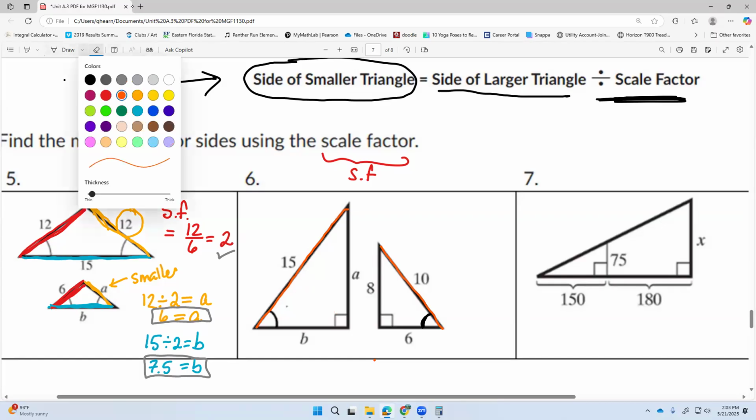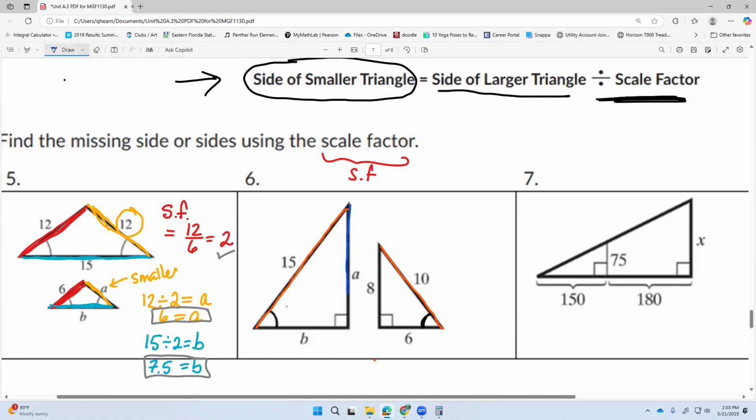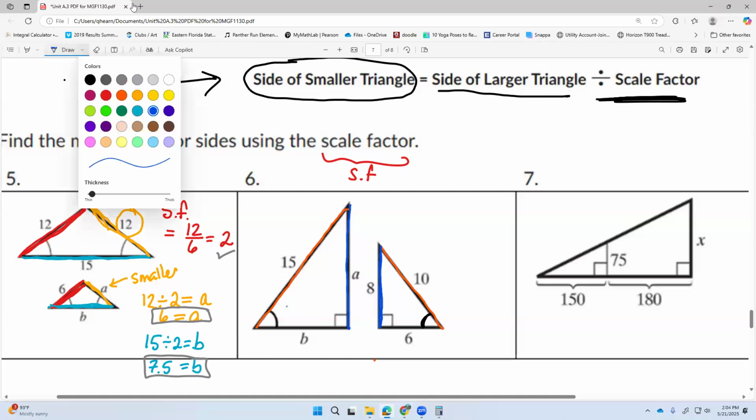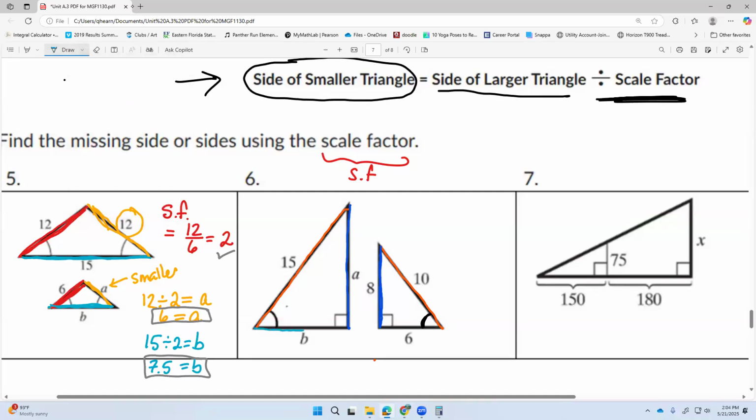Okay, and what would the side that touches that one and also touches the right angle, which is labeled A, what would that correspond to? So in the other triangle, the one that touches the orange and also touches the right angle is going to be the side of length 8. And then that just leaves the third side, B, must correspond to the side of length 6.